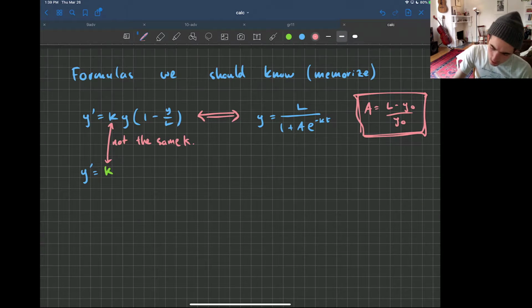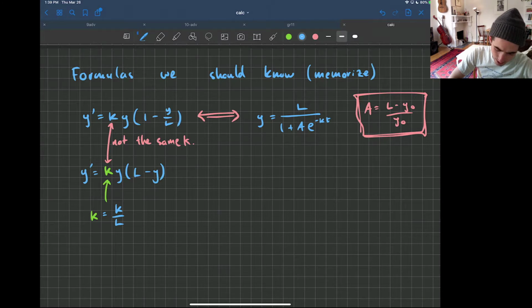The other one is k times y times L minus y. So in this case, this k is equal to the blue k divided by L.